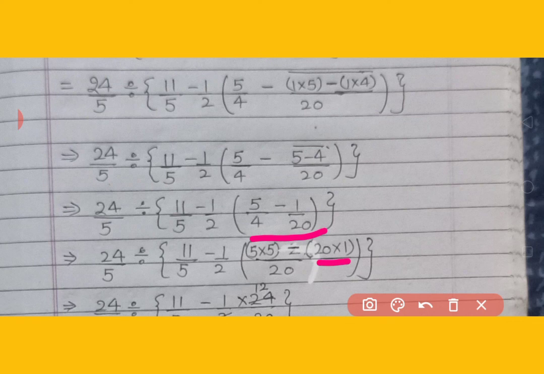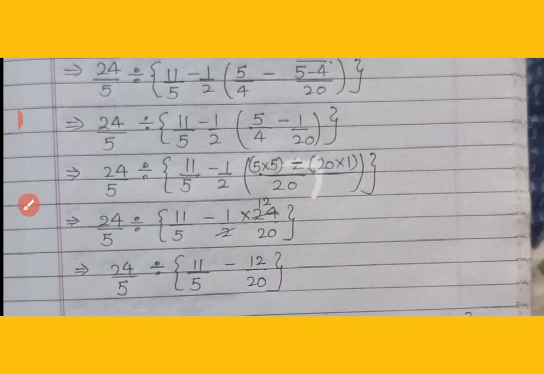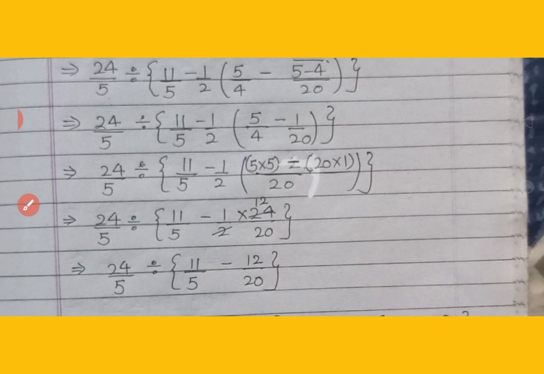Clear? Here it will be 1 multiplied with 1. See here, next, how it became solved. 5 5s are 25 and minus 1. 25 minus 1. Here it will not be 20, it will be 1, because 20 divided by 20 is 1 time.